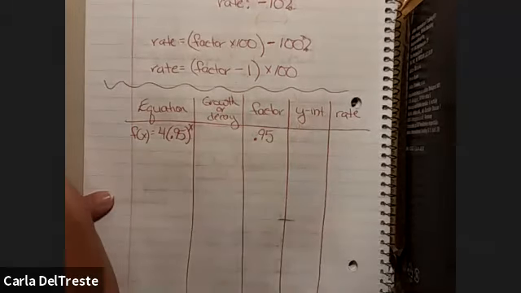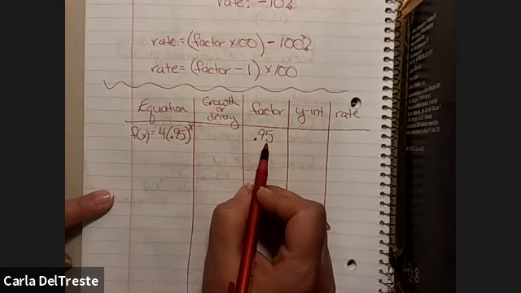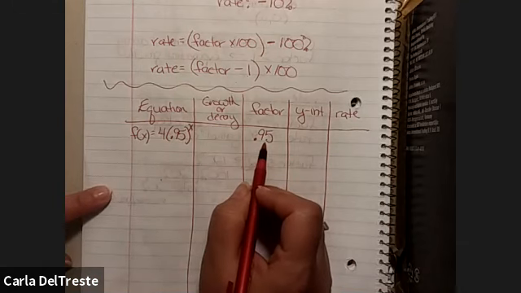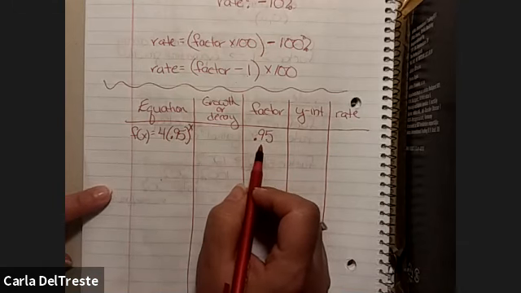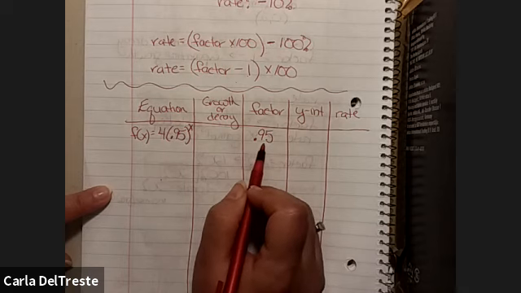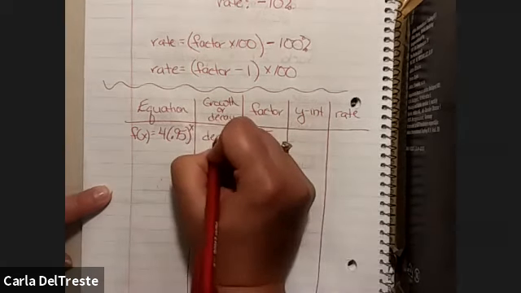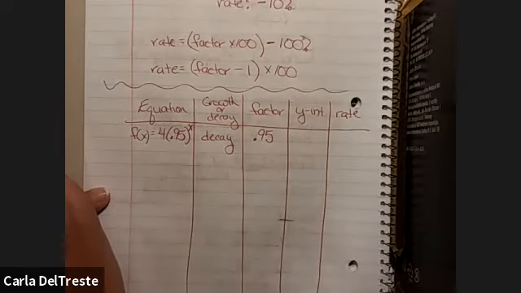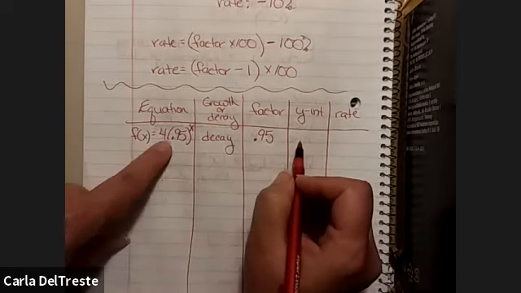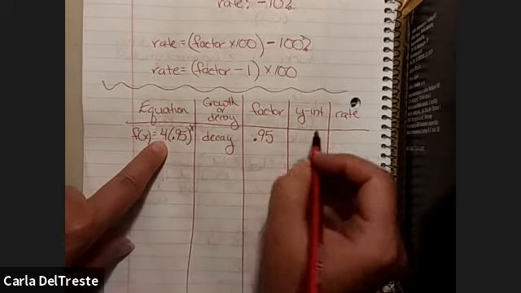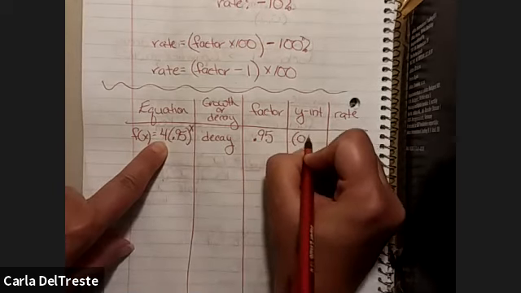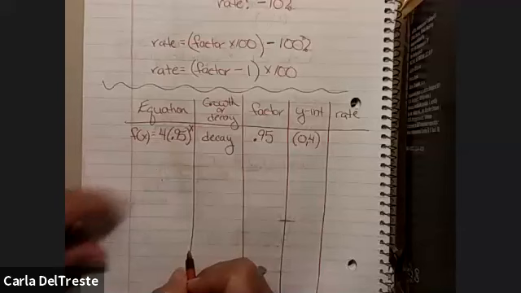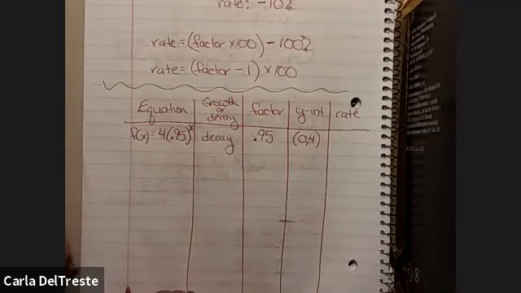If the factor is 0.95, is this larger than 1 or is it between 0 and 1? This is a decimal, so I know that I have decay, because my factor is a decimal. My y-intercept is the a value here, so (0, 4). You always have to write it as an ordered pair.